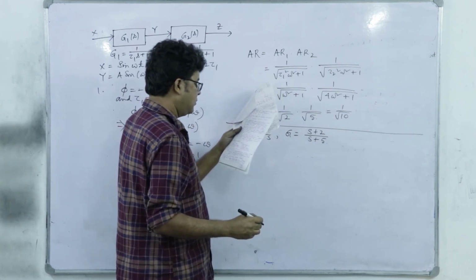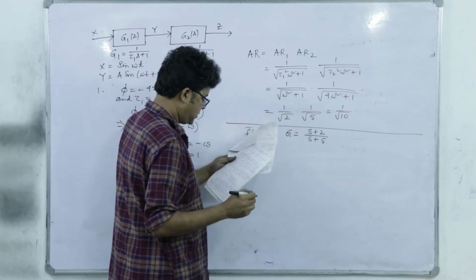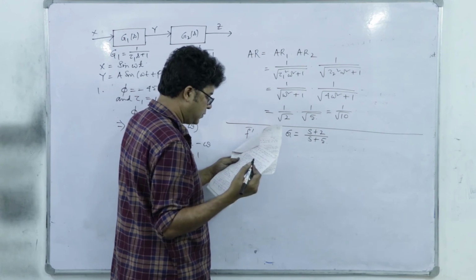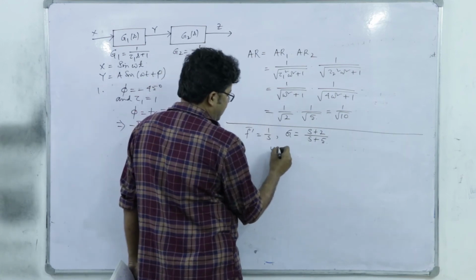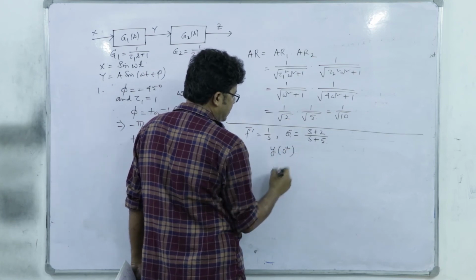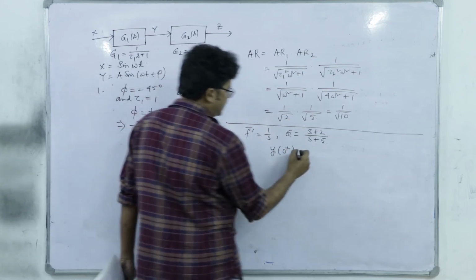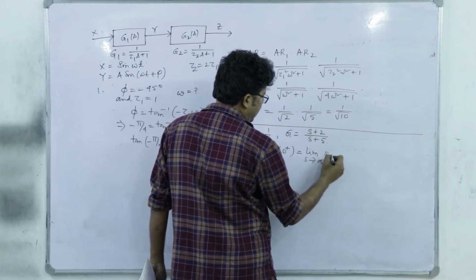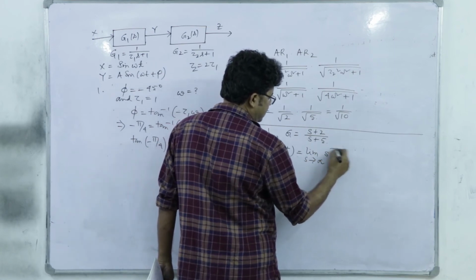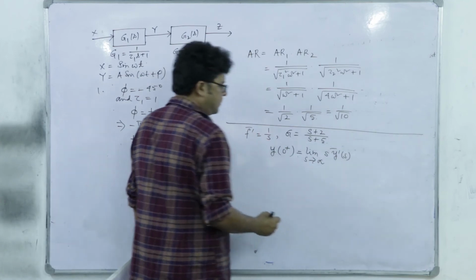What is the initial value, y at t equal to 0 plus, of the response to a step change? So y at 0 plus is the limit s tending to infinity of s into y prime bar s, right?